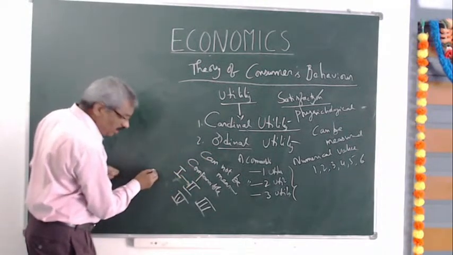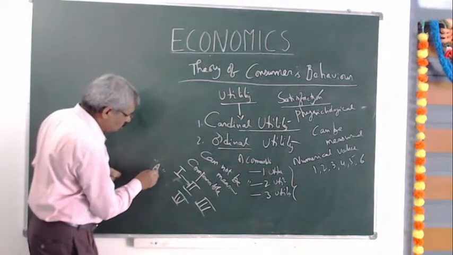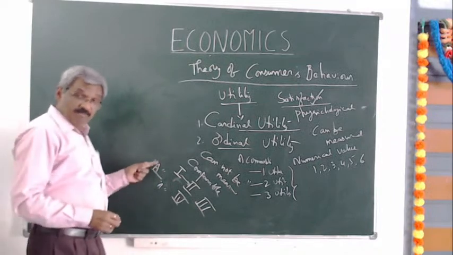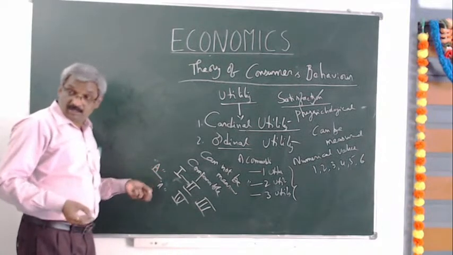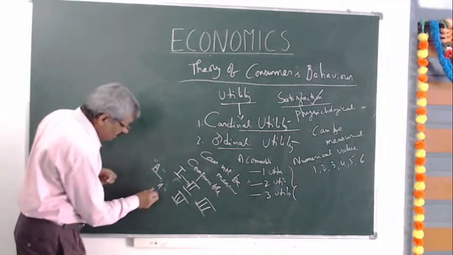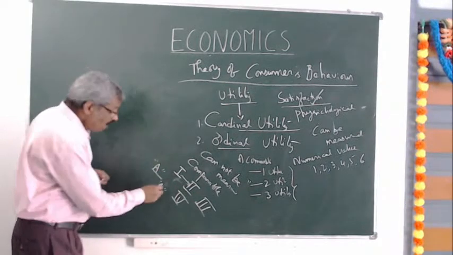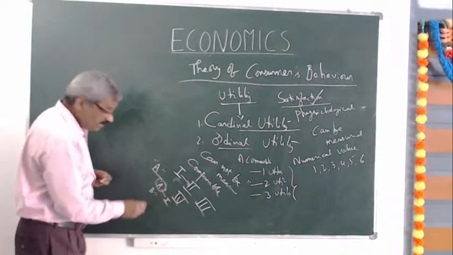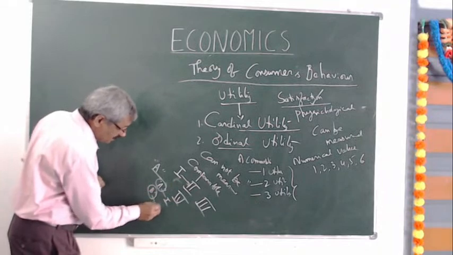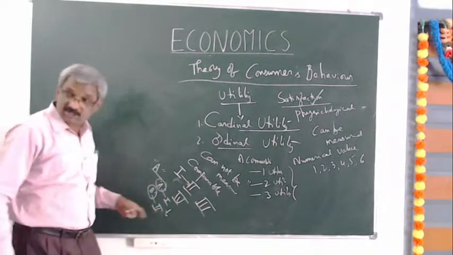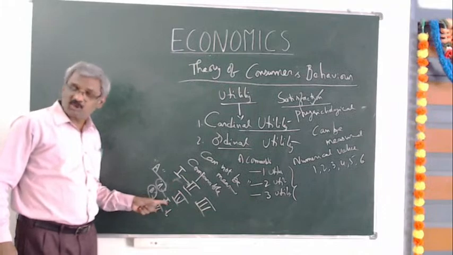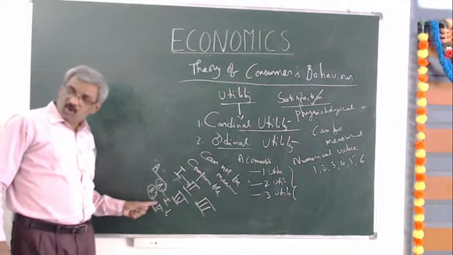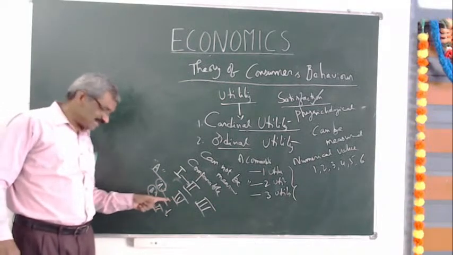Suppose commodity A is consumed by a person, and the same person can consume commodity B. How much satisfaction is there? Commodity A's satisfaction is the first, commodity B's satisfaction is the second, and they are comparable. The first is more than the second, or the second is less than the first, or the first is less than the second.